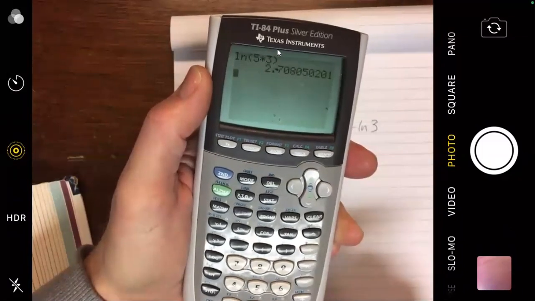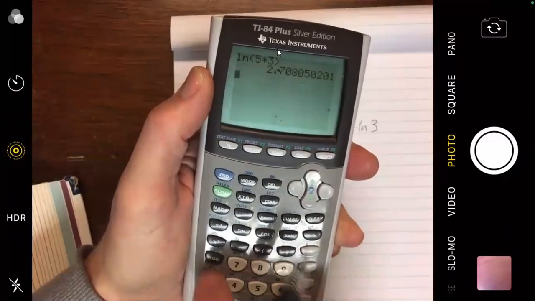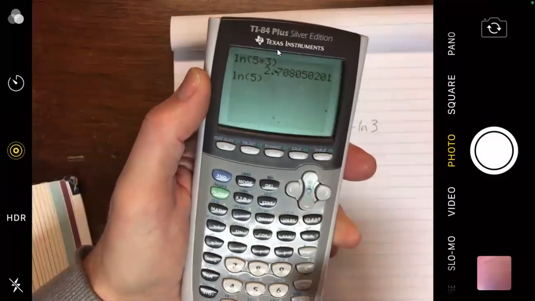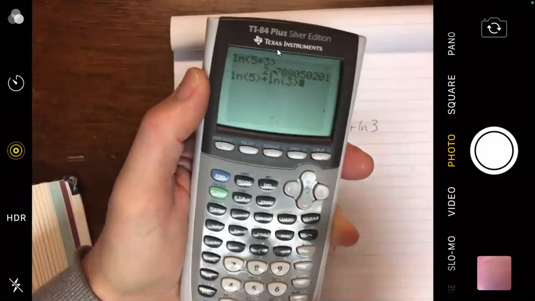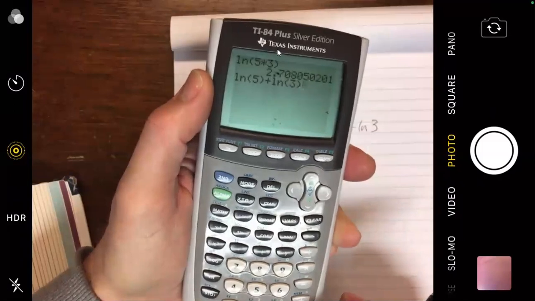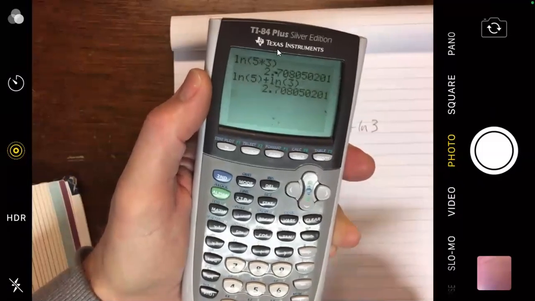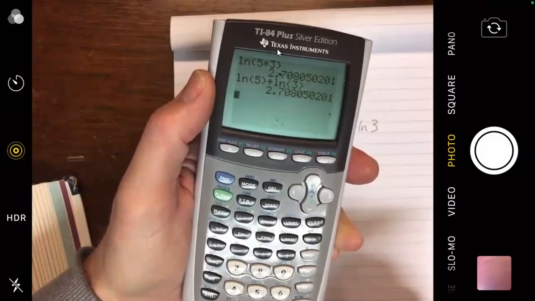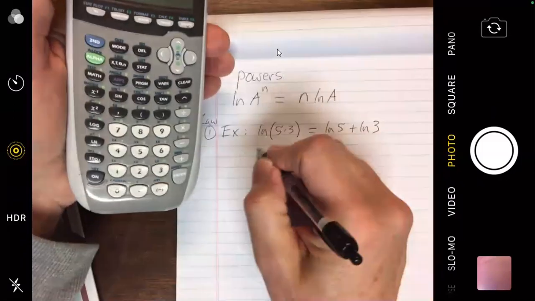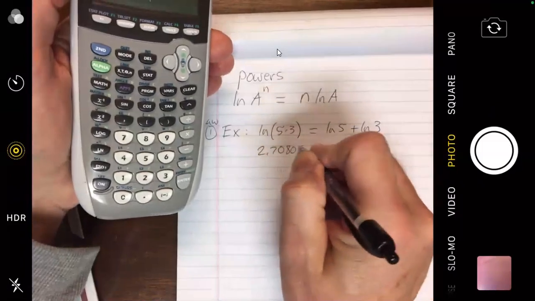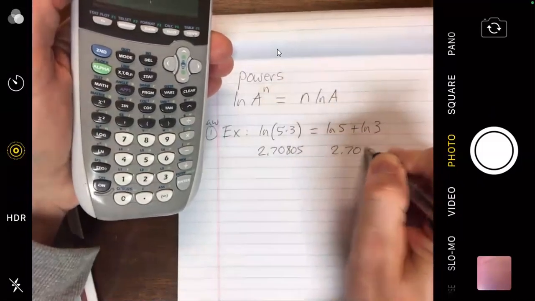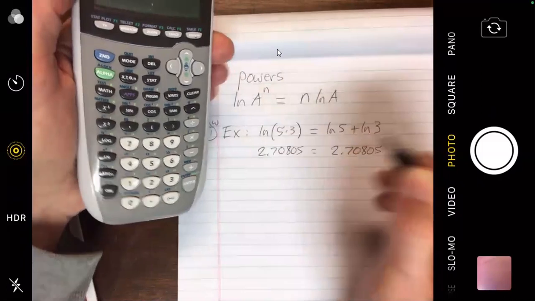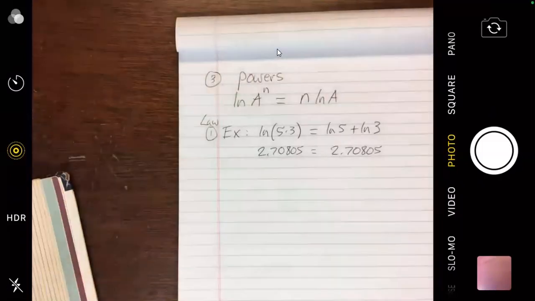And I can go ln of 5 and add ln of 3. So you get the same thing, 2.70805. I hope you believe the rest of them.